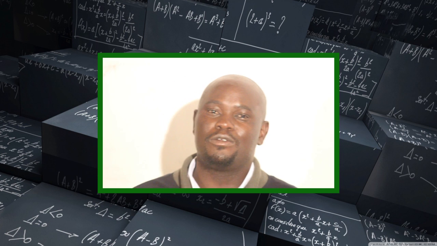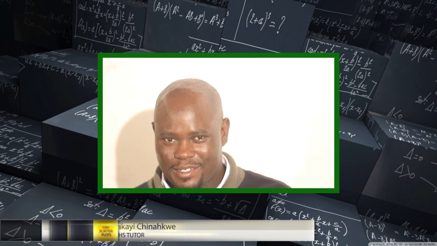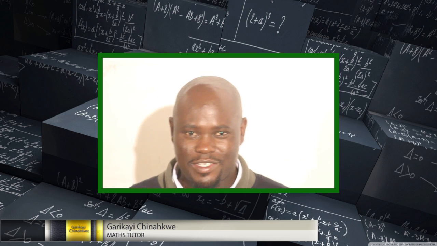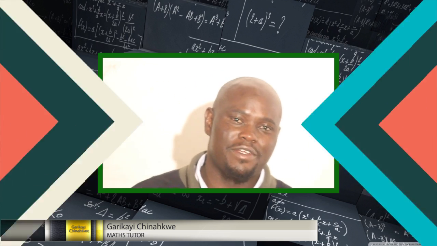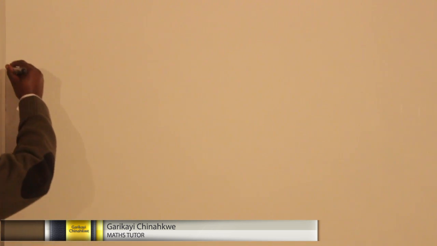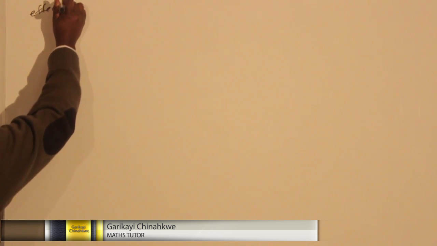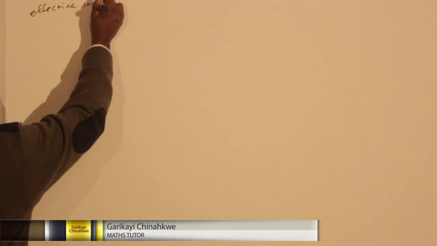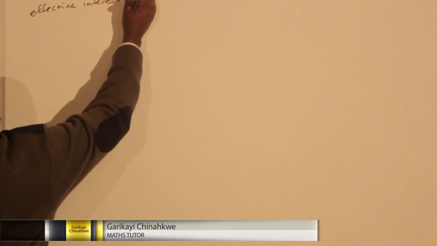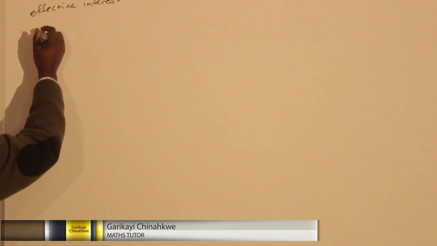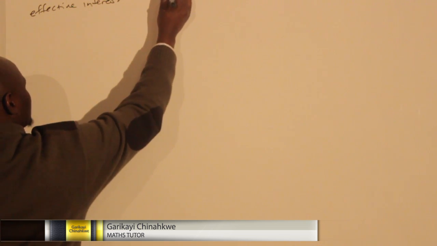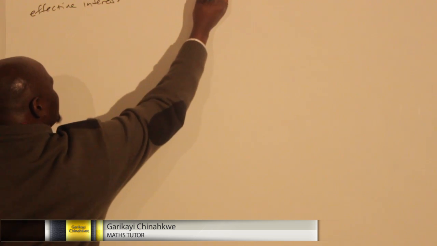All right, now we are going to look at nominal interest rates and effective interest rates. First of all, you must know the difference. If you talk about effective interest rates, these ones have the same compounding period.